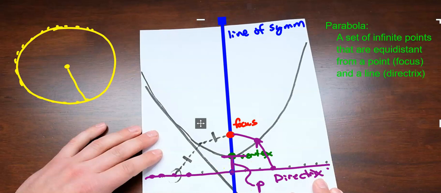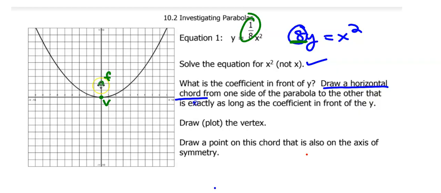And because the distance from here to a point on the parabola is the same as from that point on the parabola to the focus, this value is also the value of p. Now, what we just discussed with these patterns, if this value right here is p, then this chord right here is 4 times the length of p. So this distance, no matter which parabola you're talking about, is going to be 4 times p.